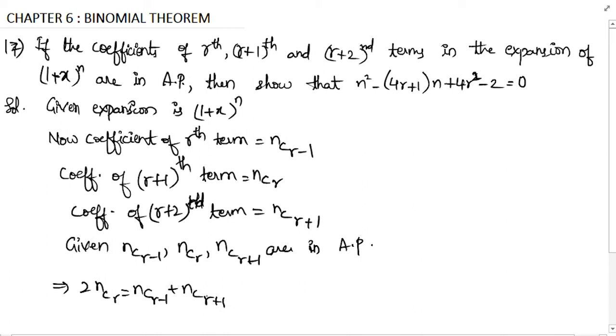We can write it in this form, right? We have a formula for this. So 2 is equal to nCr-1 divided by nCr, plus nCr+1 divided by nCr.